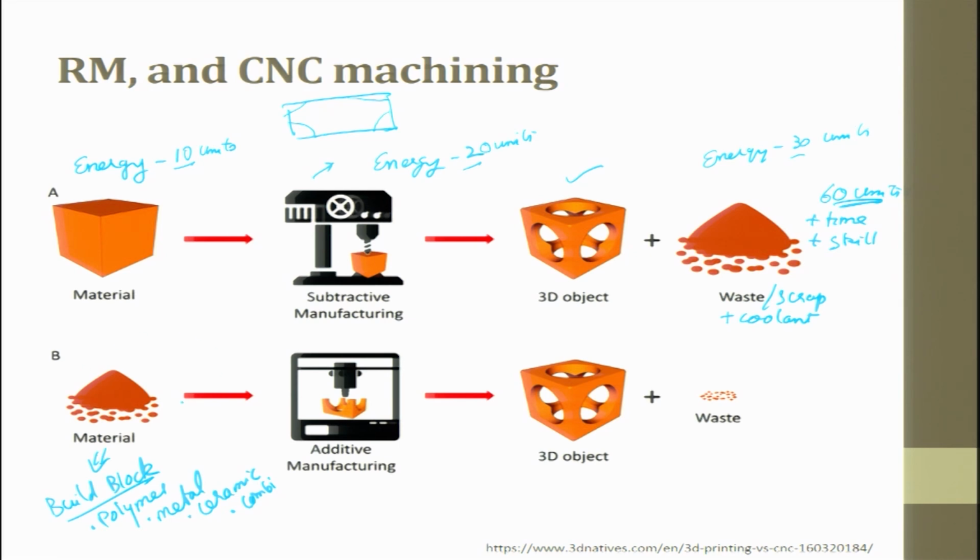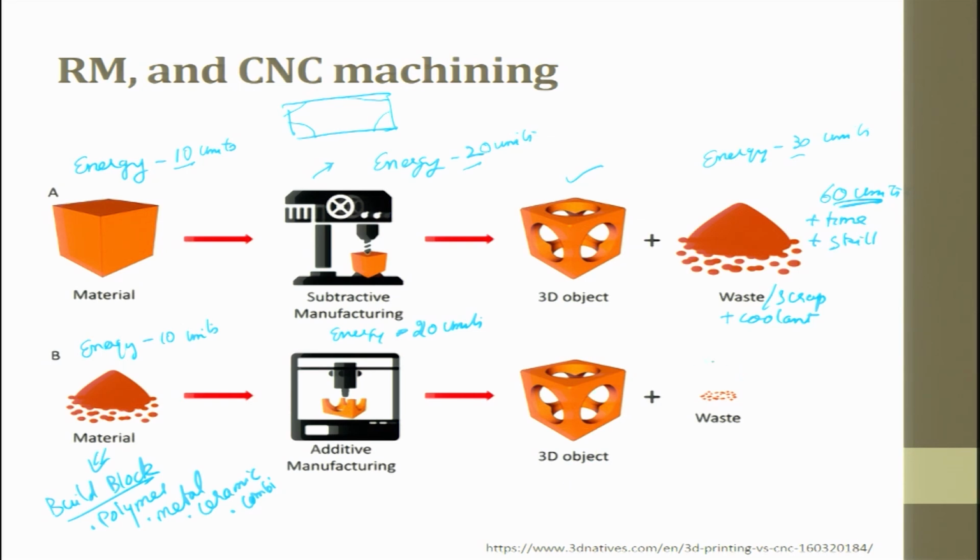So, these materials are spent, and first of all we try to make this, let us take an energy of 10 units spent here. And then this is fed into an additive manufacturing machine. In the additive manufacturing machine, you build up block by block by block. So, the complexity of milling and drilling is not there. So, here you spend an energy of, let us take 20 units, for all the machining.